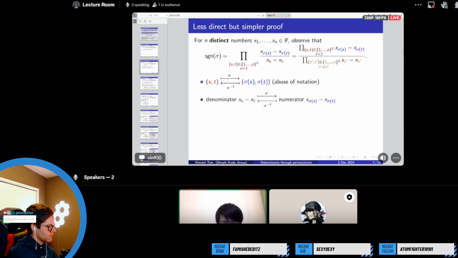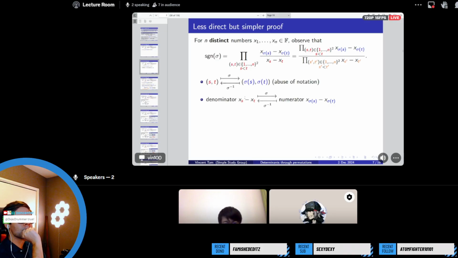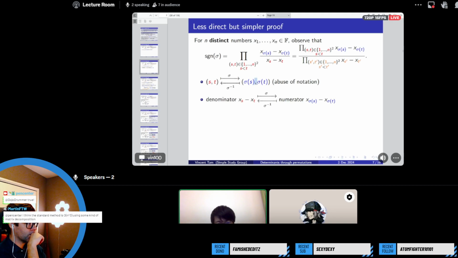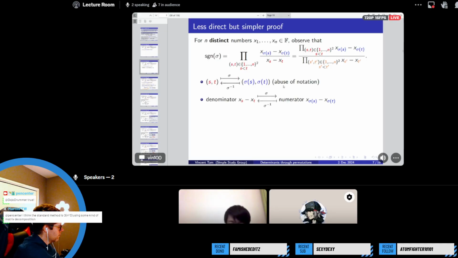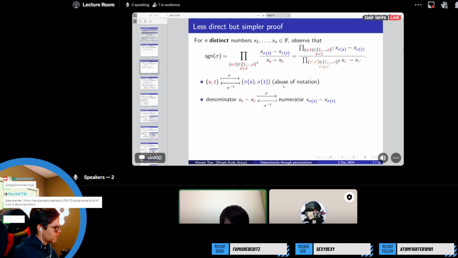From the first bullet point to the second bullet point, the only thing that I did is to put everything under subscript, because this two tuple already has the order structure, so I'm not changing anything much.